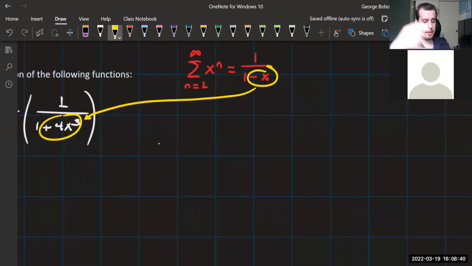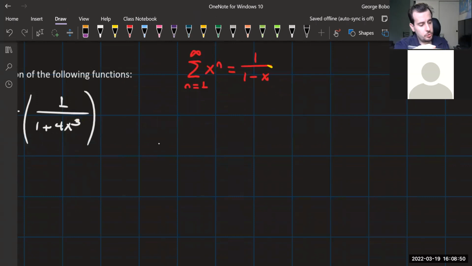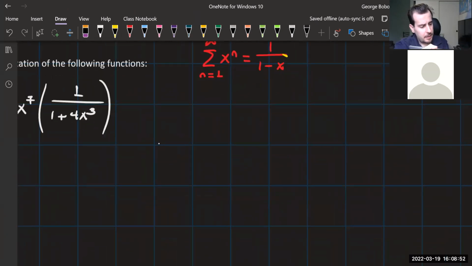What do I have to replace it by? Multiply by negative 4x squared. Exactly. So, over here, I like to write the substitution that I do like this. So my x for this guy essentially becomes negative 4x cubed.